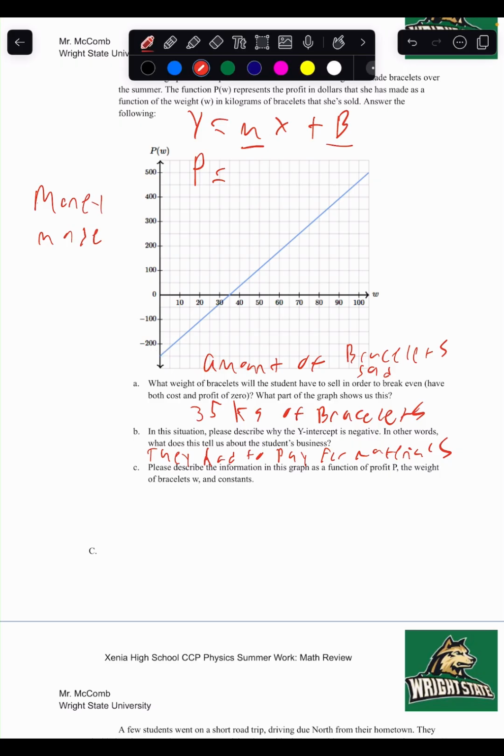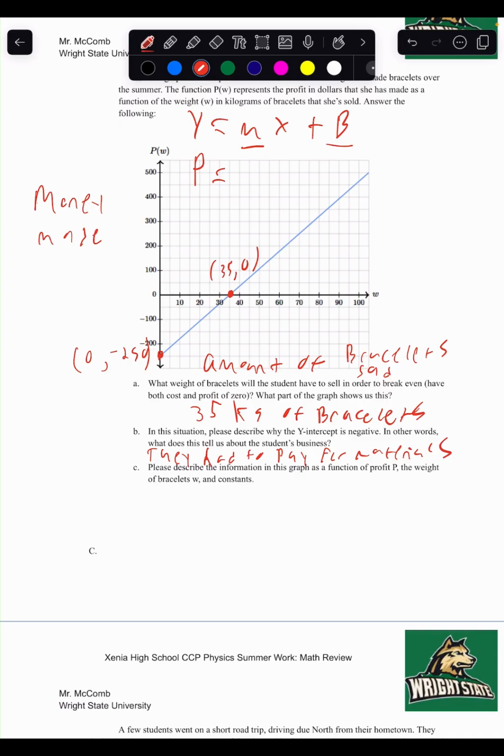To make this easy, I will choose this point and this point. So this bottom point down here, I'm going to call that negative 250, probably. And it's the y-intercept, so it's 0, comma, negative 250. And then over here, the x-intercept is 35, comma, 0.